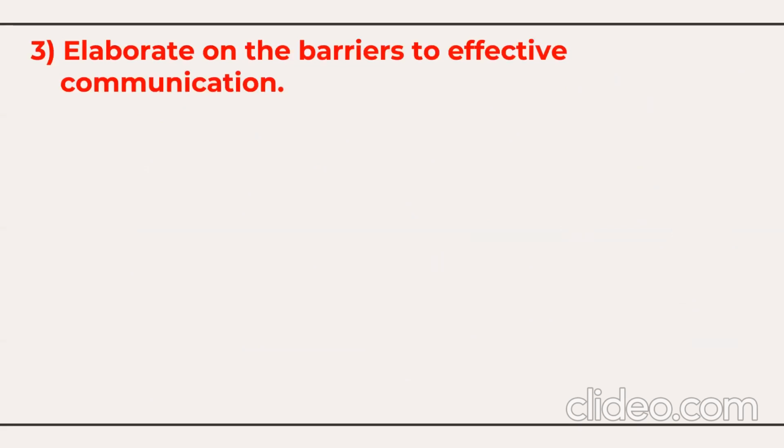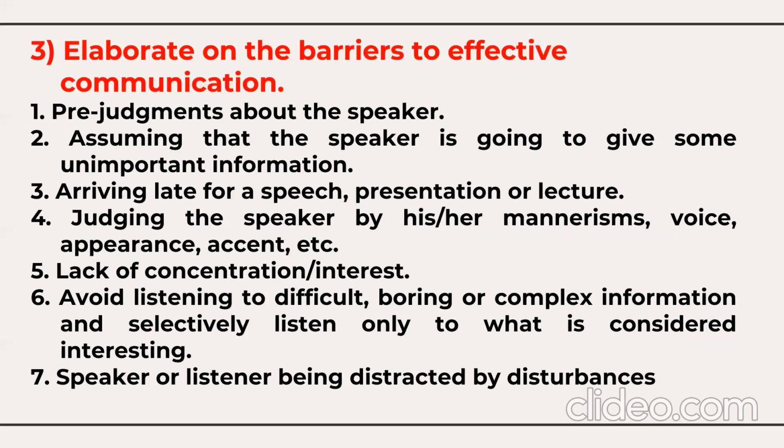Next question, elaborate the barriers to effective communication. So again, these are the barriers to effective communication. Prejudgments about the speaker. I think it's a repeated question. Assuming that the speaker is going to give unimportant information, arriving late, judging the information by his mannerism, voice, appearance, lack of concentration, and avoiding listening to difficult, boring or complex information.